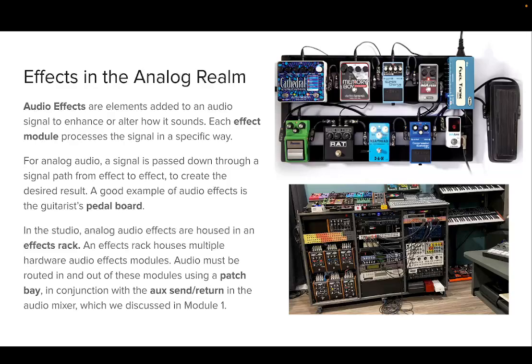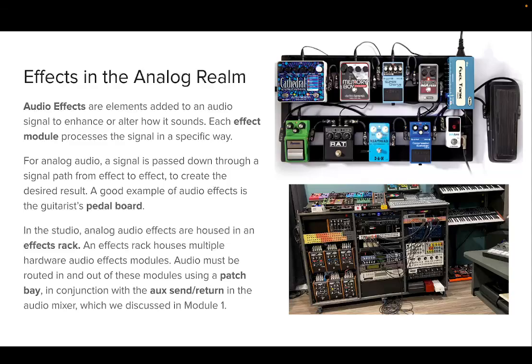We can also use the aux send and return function of the audio mixer. If you recall from Module 1, we learned where the aux send and return knobs are on your mixer channels. Those map to 1/4-inch jacks on the back of your analog mixer, which serves as an output function and an input function from and to the patch bay, or perhaps an outboard effect module.